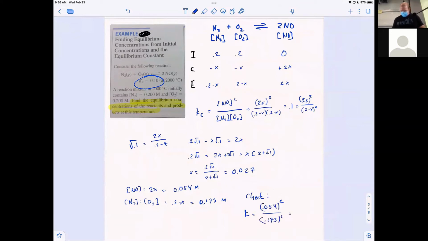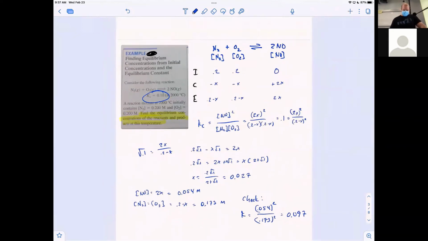And if you do that, you get 0.097. And 0.097 is very close to 0.1. So you know that you have done the right thing.